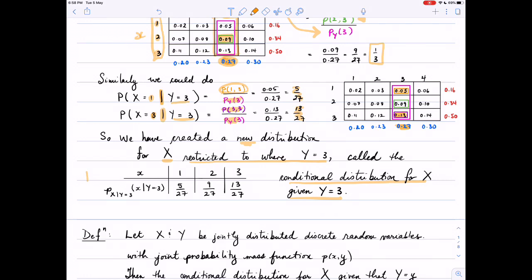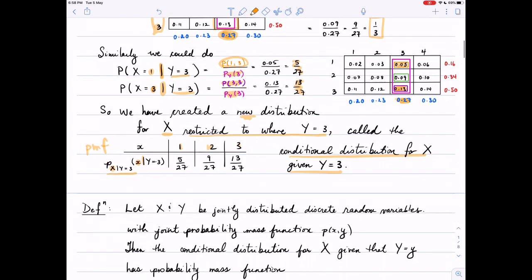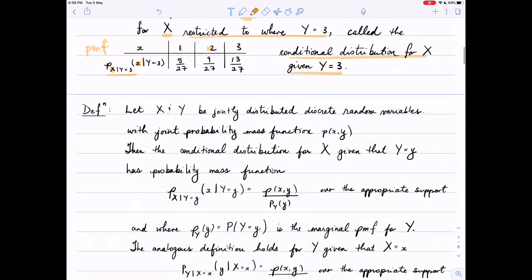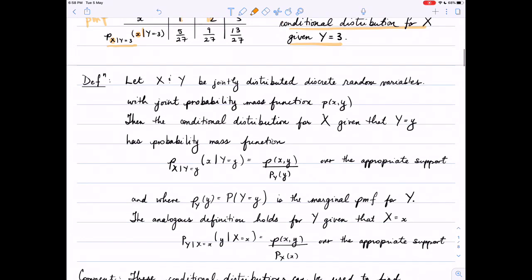And so there is our new PMF, a single variable probability mass function for our x values, 1, 2, and 3. And the notation here is the probability mass function of x given y equals 3, evaluated at little x. So this is a random variable x, and these are the little values x that our random variable can take. So that is what is behind the definition of a conditional distribution.